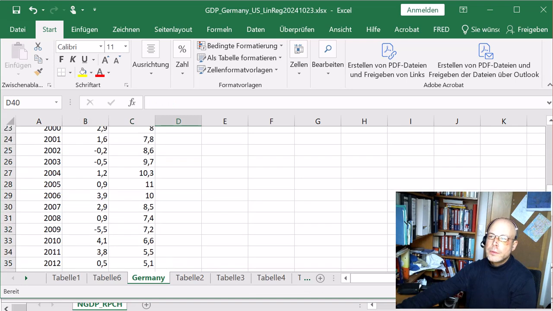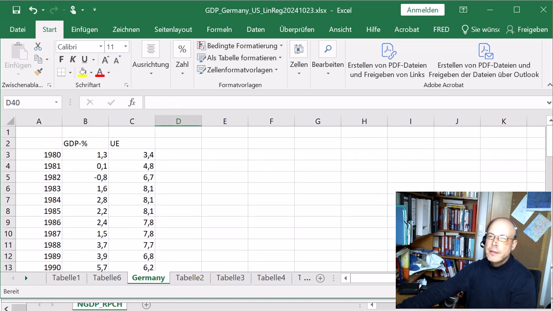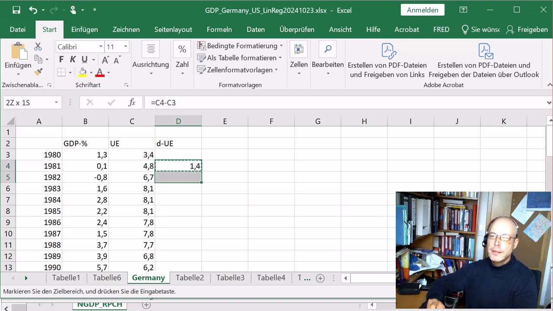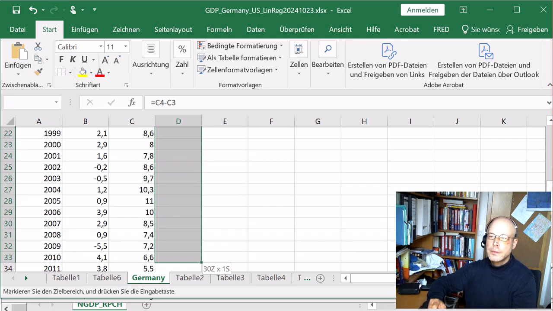Oh, sorry. Here we have already the growth rates, but here we need the change of unemployment for our estimation. So we have to start at 1981, just these two, and going down.